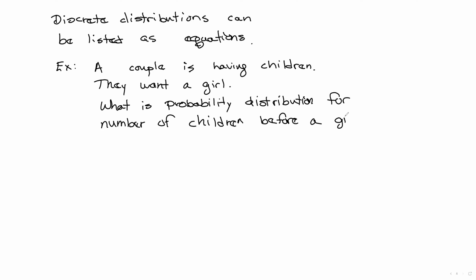So we're going to assume that the probability of having a girl is 50%.